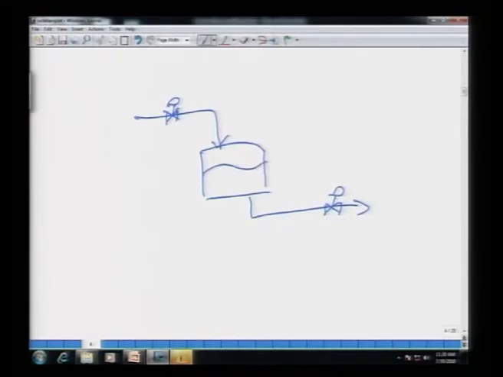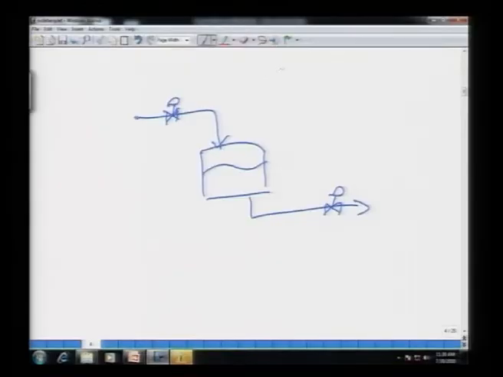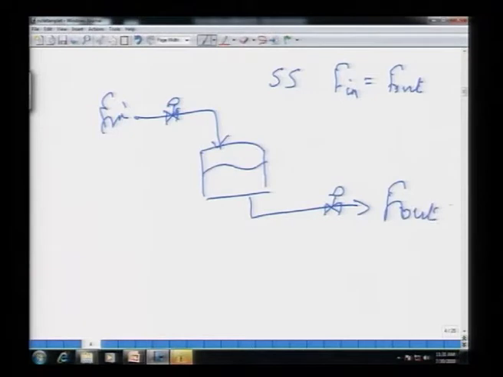Now, if the level is constant, that means the level is not changing, that indirectly implies that the inflow is exactly equal to outflow. Okay. So, at steady state, flow in is equal to flow out. Okay. So, this is F in, this is F out.